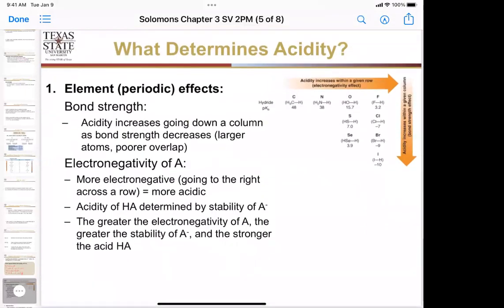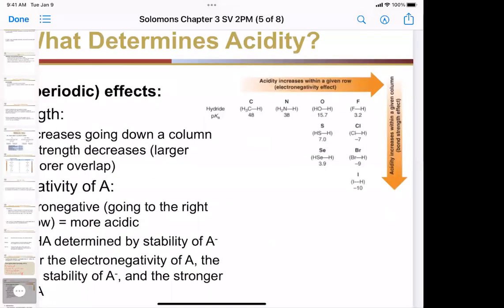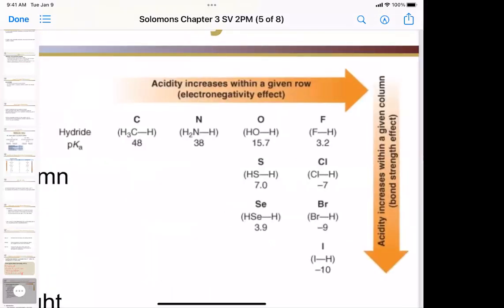If we look at our elements on the periodic table, to increase electronegativity, you go over and up, making fluorine the most electronegative atom. When we're thinking about acidity, we need two approaches. Number 1, we can go across a row and compare all of those, or we can go down a column and compare those.